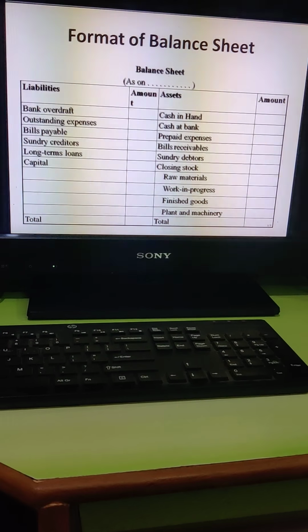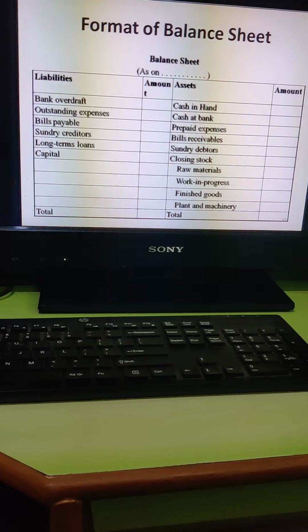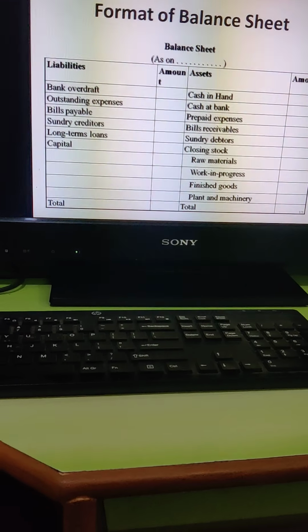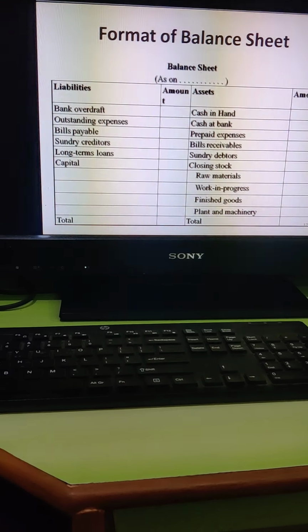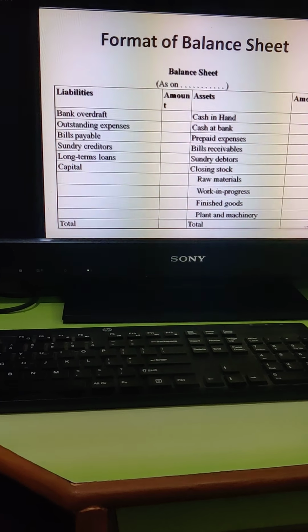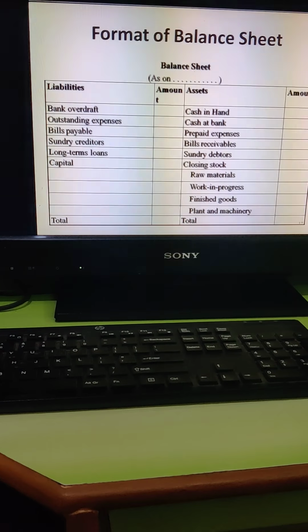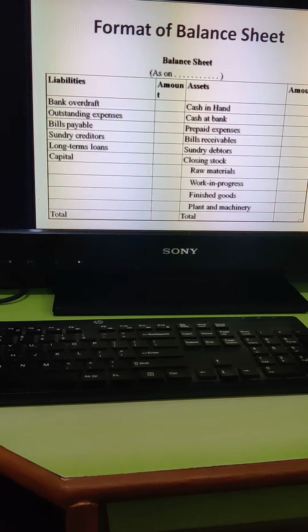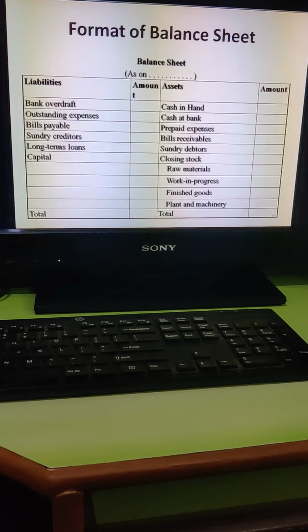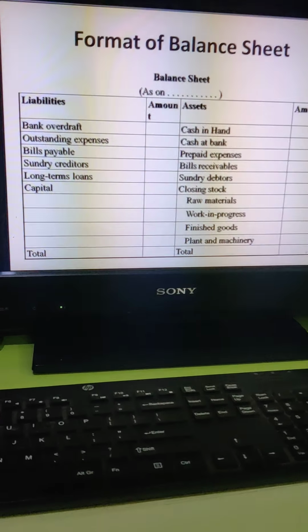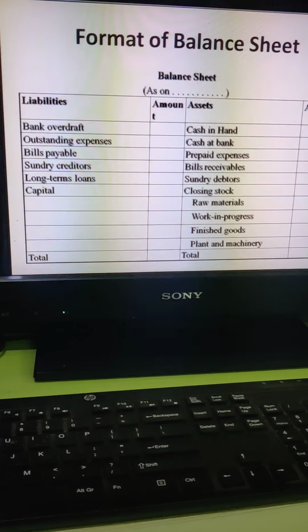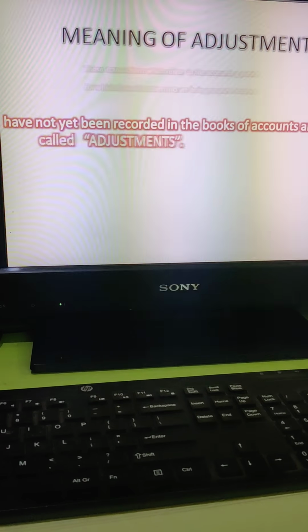Closing stock will include raw material closing stock, work in progress closing stock, finished goods closing stock. And then towards the end we have plant and machinery. A balance sheet will always balance the debit and the credit sides. Both the sides will eventually tally and balance.